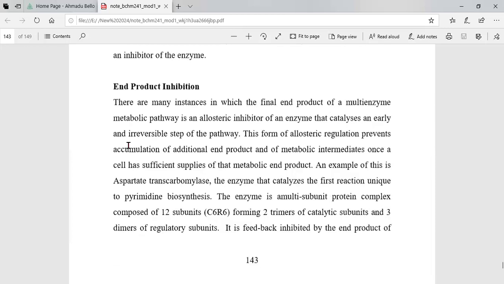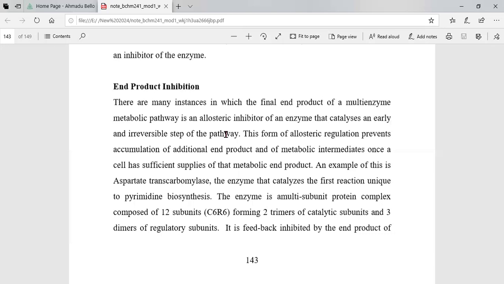So we have end product inhibition. In many instances, the final end product of a multi-enzyme metabolic pathway is an allosteric inhibitor of an enzyme that catalyzes an early and irreversible step of the pathway.